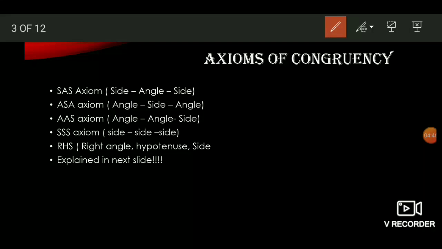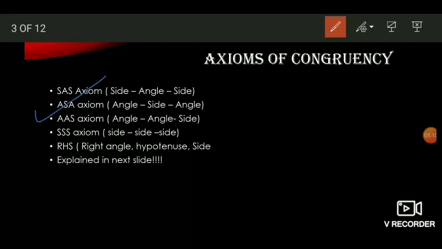I hope that you have not learned this axiom. This SAS and ASA are very common, but AAS, that is angle angle side, I think will be uncommon to you, because this property is not mentioned in every book. It is mentioned only in some particular books.